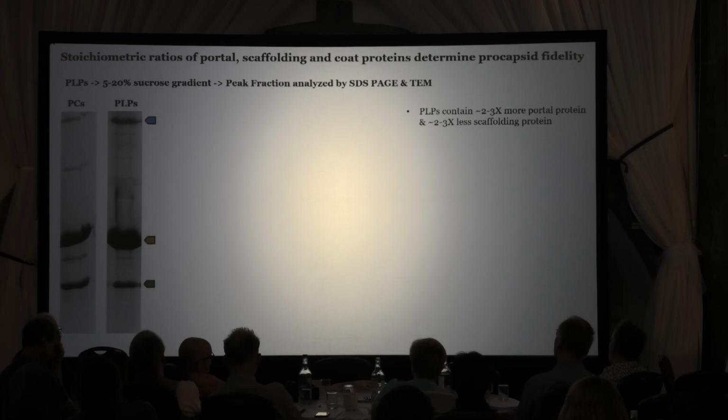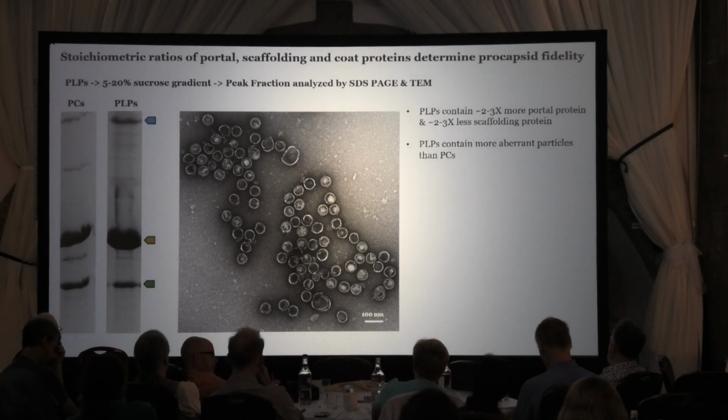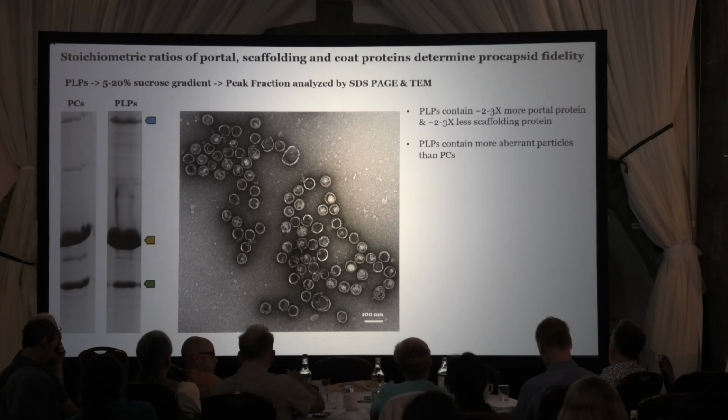These particles actually contain more portal than would be expected from wild-type procapsids. Another thing is that scaffolding protein decreased 2 to 3 times per PLP. And the PLPs also contain more aberrant particles than would be expected from a wild-type procapsid prep.